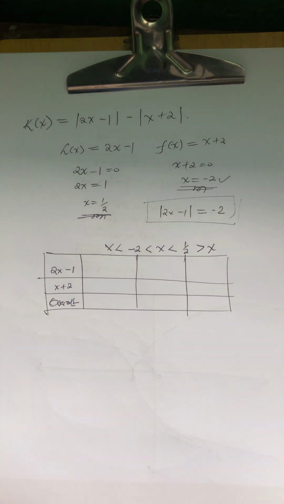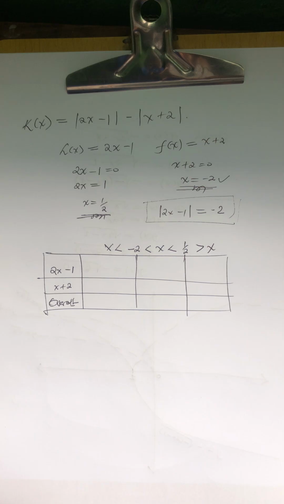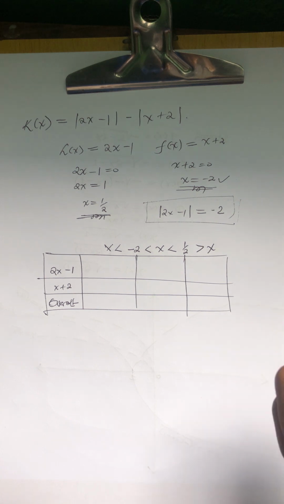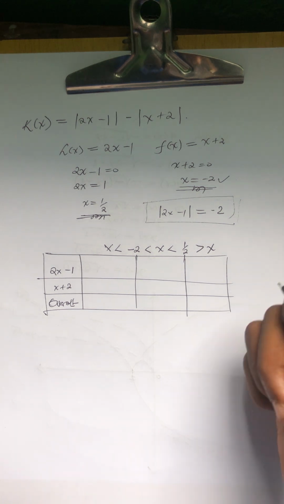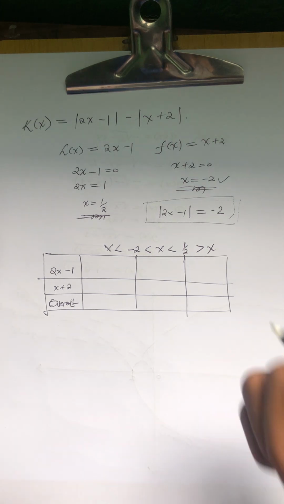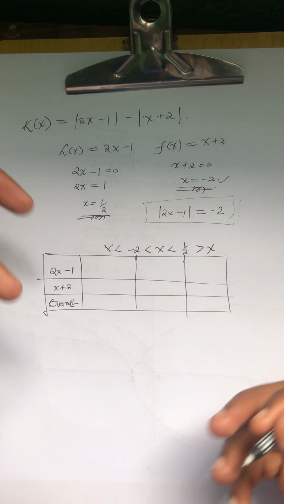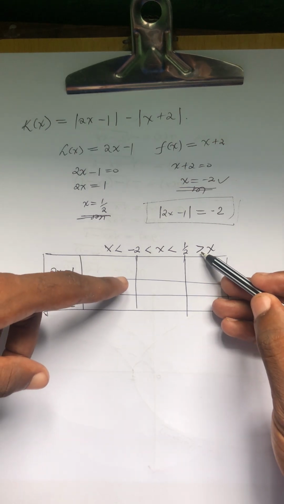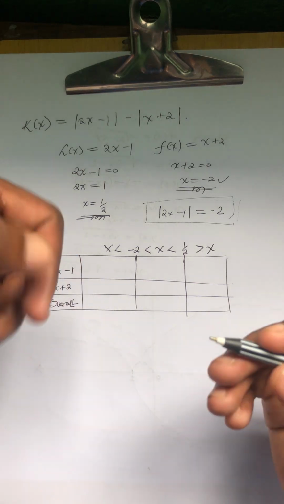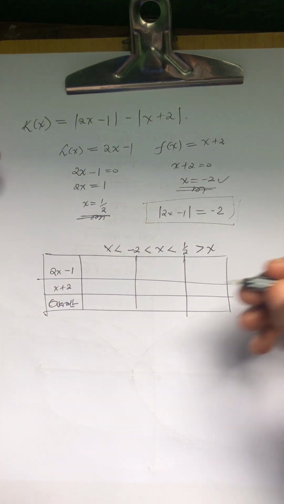Then from there now, you have to differentiate between the piecewise function and the modulus function. A modulus function is a continuous function, while a piecewise function is discontinuous. So you can choose either to put the equal signs here or there or in between. But for me, I like putting the equal sign in between.